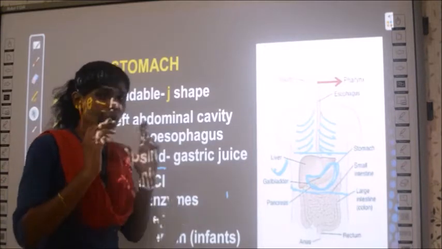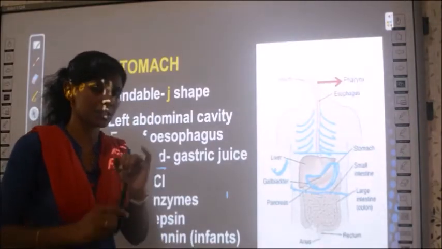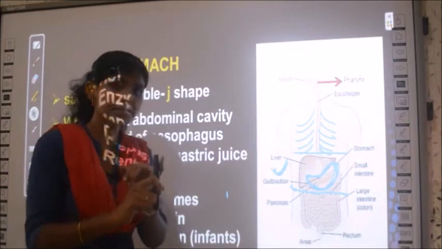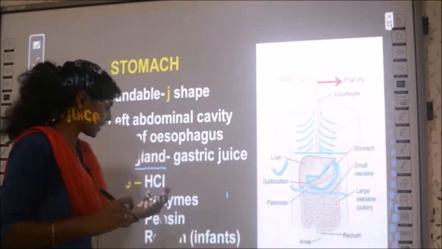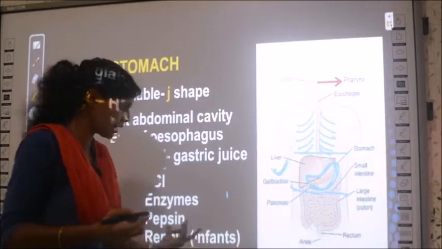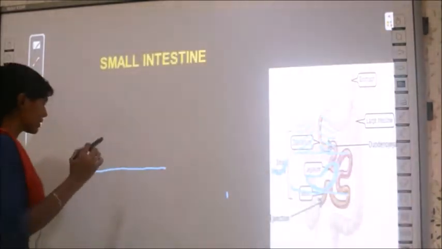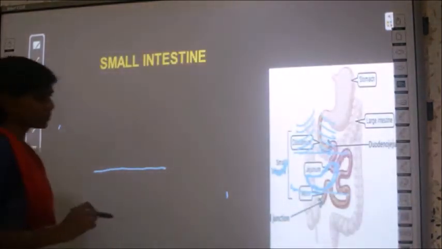So these terms you should remember. What does the gastric juice contain? 4 substances. 1 is hydrochloric acid, 2 is enzymes, 3 is pepsin, again an enzyme, and 4 is renin. This is important.